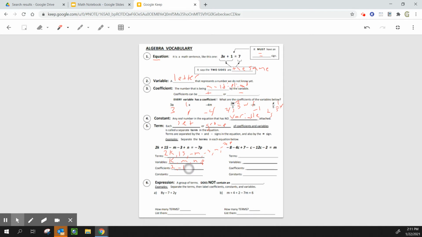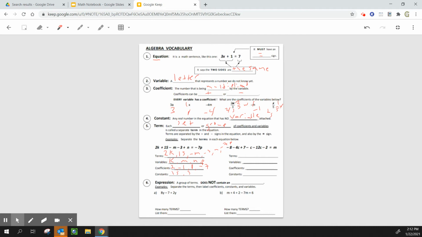There's a 1 in front of the n, and then there's a negative 7 in front of the p. And then constants are numbers that don't have any variables. So the 15 doesn't have a variable with it, and the 3 doesn't have a variable with it. And that's the idea there.